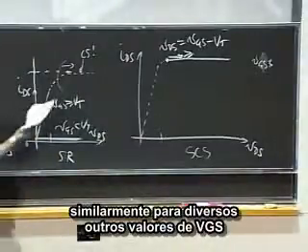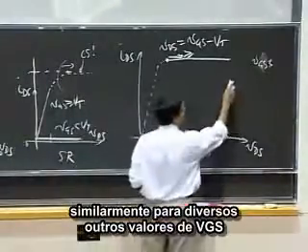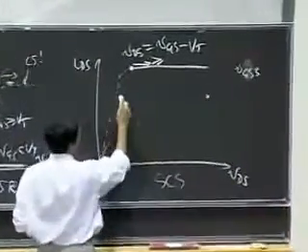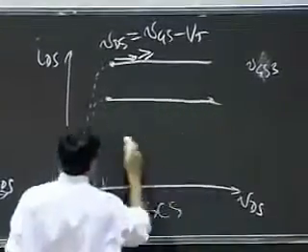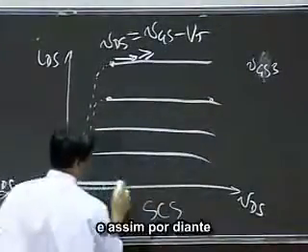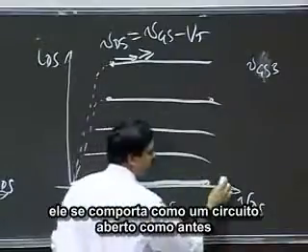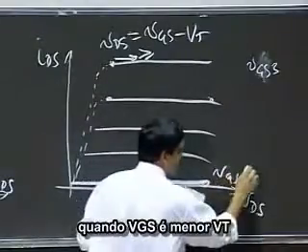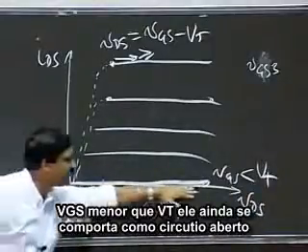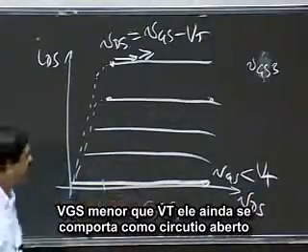Okay, similarly, for various other values of VGS, it'll look like this, and so on. And it behaves like an open circuit as before when VGS is less than VT.